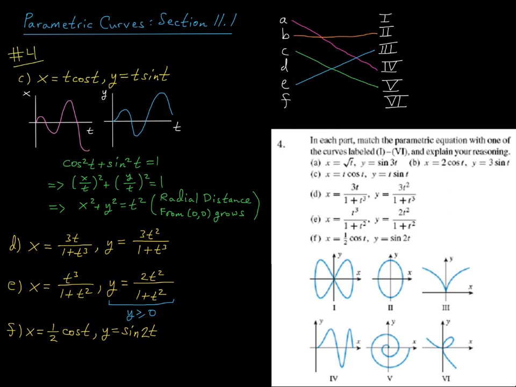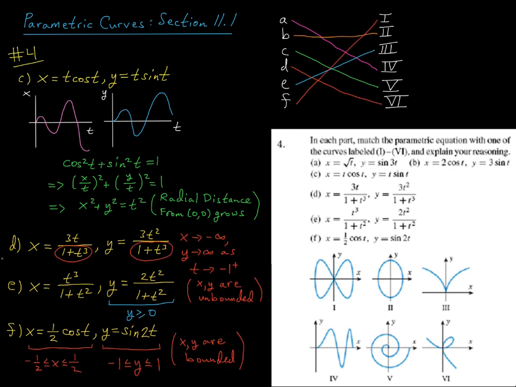All right, and then looking at D and F, notice for D, I have a 1 plus t cubed in these denominators. So in particular, if t is -1, I'm going to have a division by 0. What if t is really close to -1, like, let's say t is really close to -1, but just slightly larger? That's what this plus sign means. So in that case, x will be infinitely large but negative, and y will be infinitely large and positive.